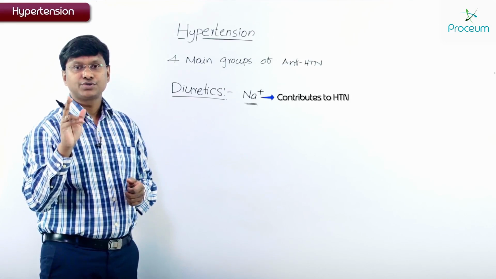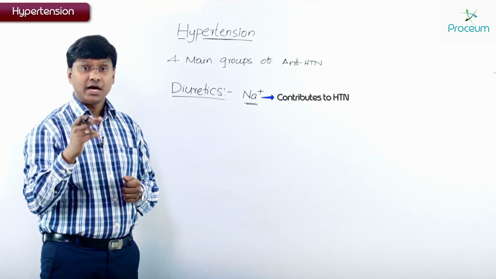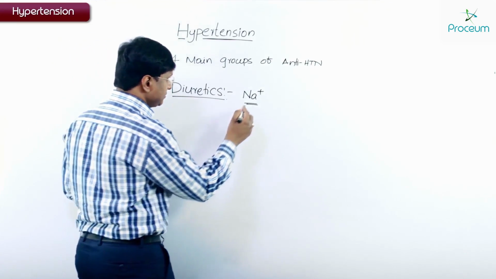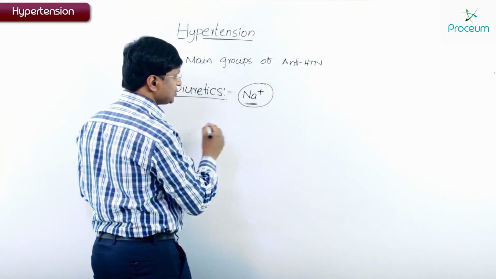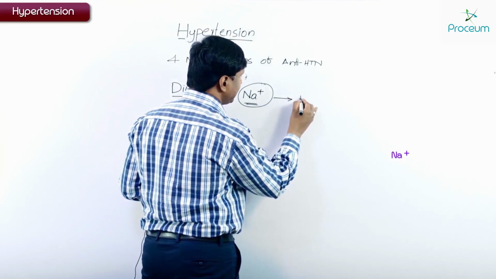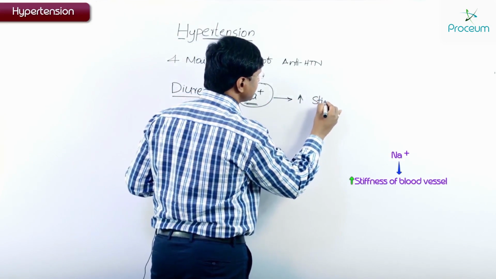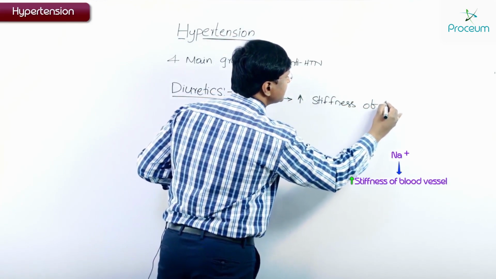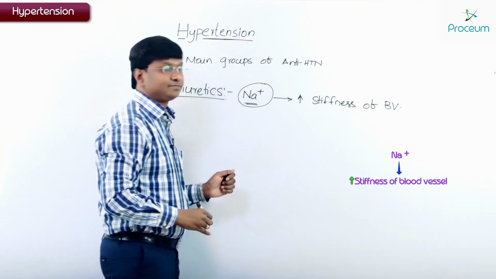Sodium contributes to hypertension, and how it contributes is very important. Sodium will increase the stiffness of the blood vessel.